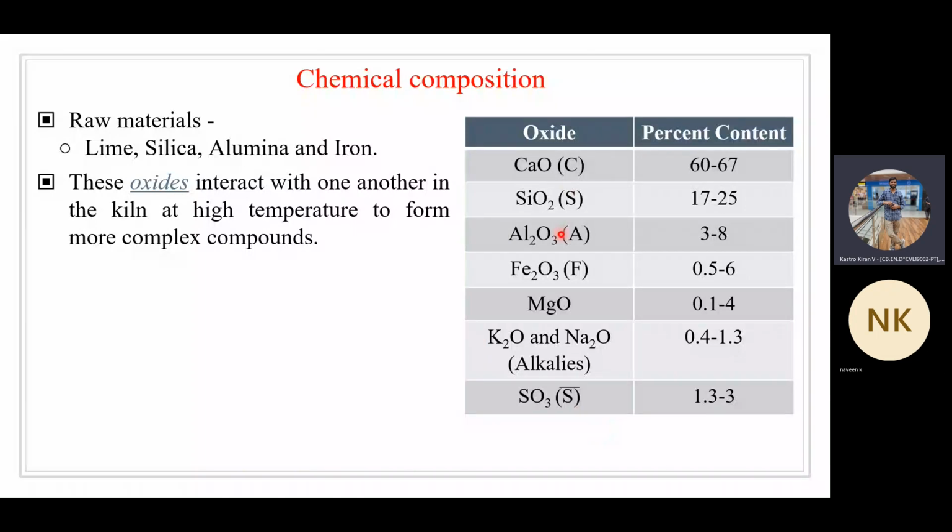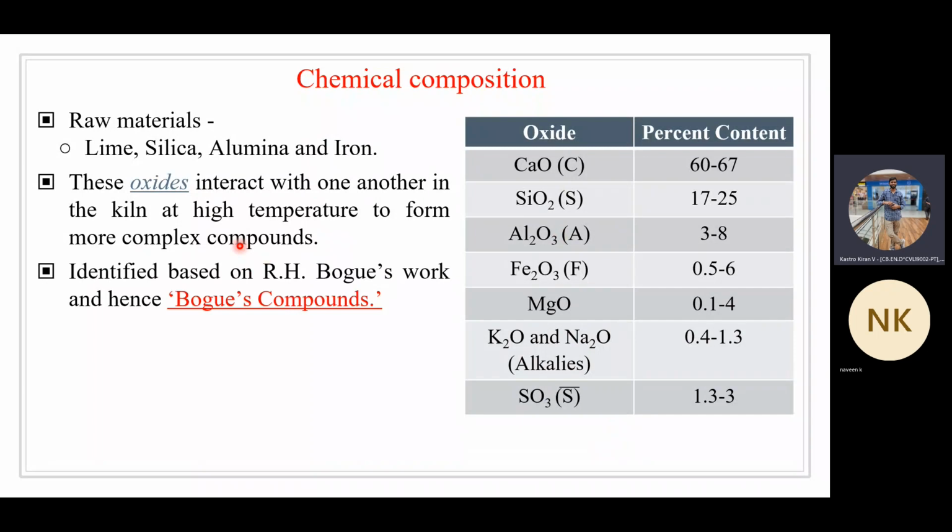Those complex compounds were identified by a scientist called R.H. Bogue, and hence they are called Bogue compounds. Now, what are these Bogue compounds? I'll discuss that in the next slide.